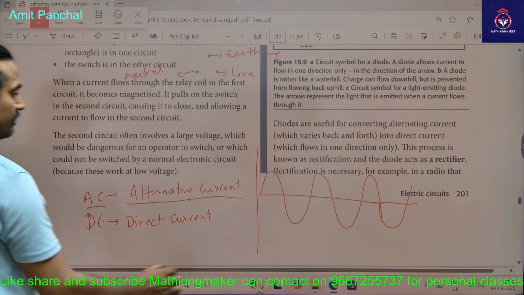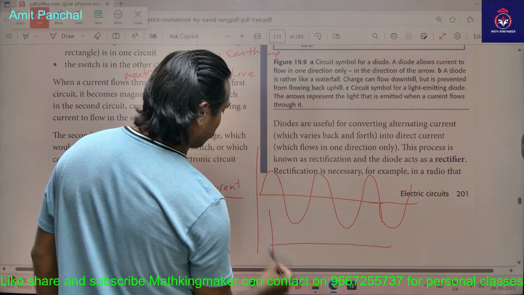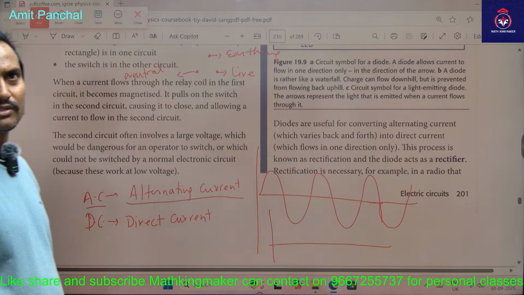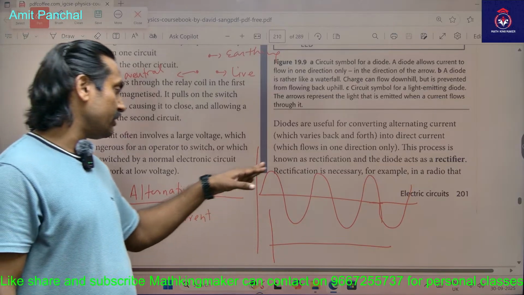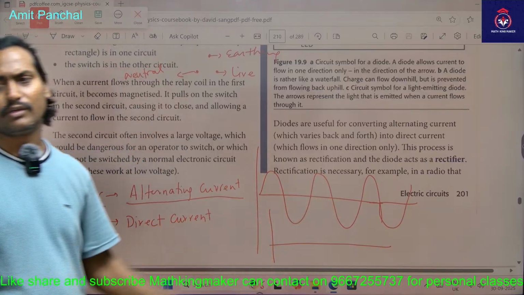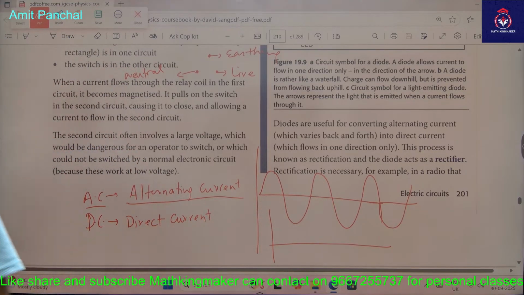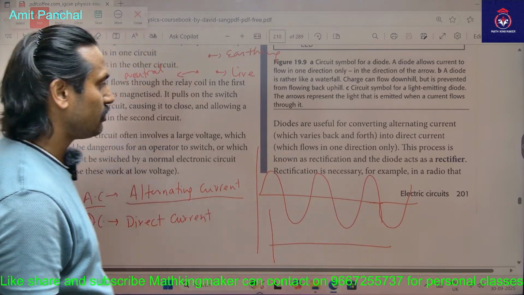And direct current is this one. That means it is not changing its amplitude, and in alternating current it is changing its amplitude at every moment, but in direct current it is not changing its magnitude.